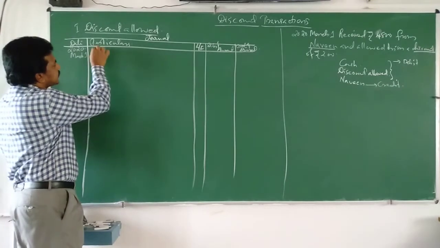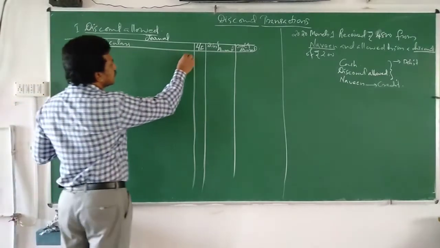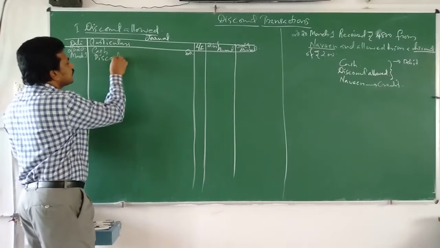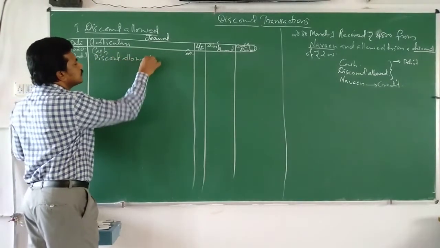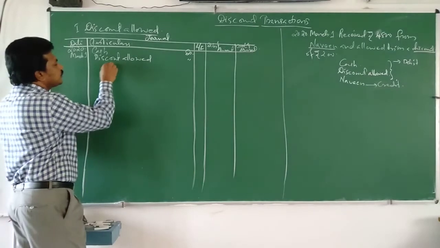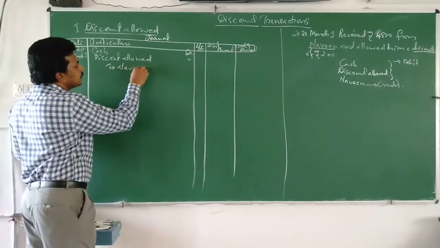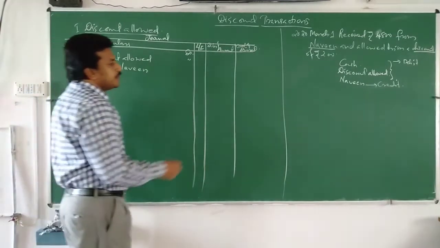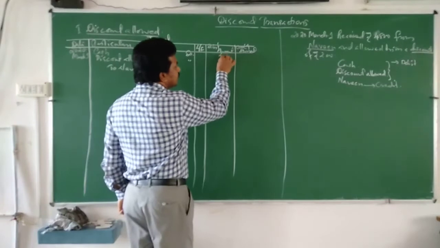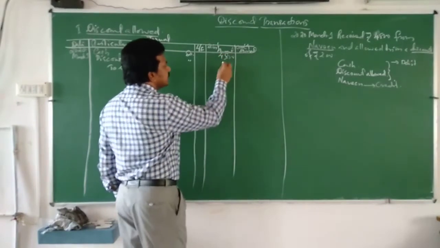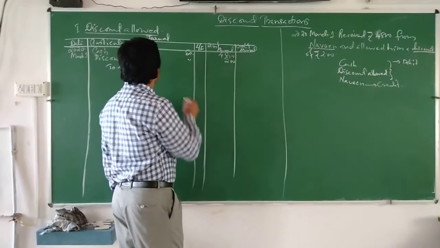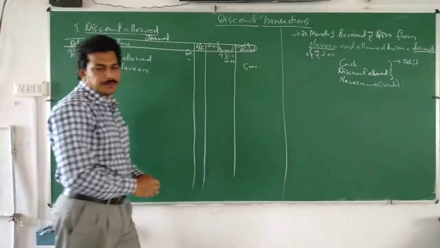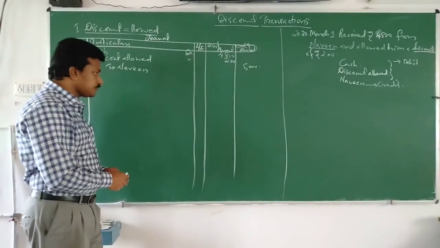Cash debit, discount allowed debit, to Naveen. Cash how much? 4,800. Discount allowed is 200. To Naveen 5,000.